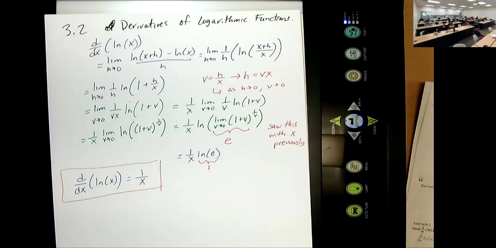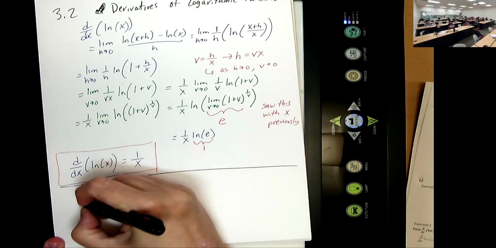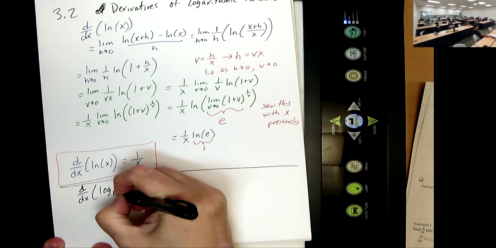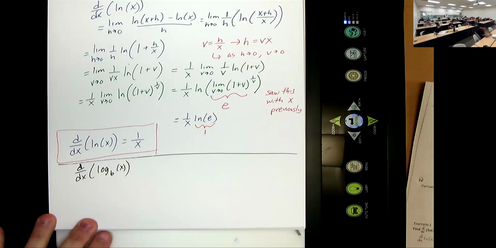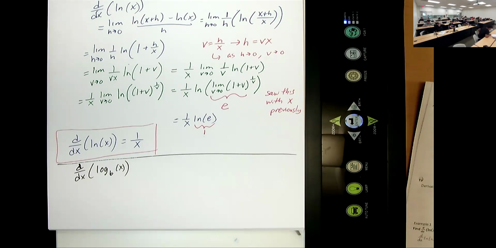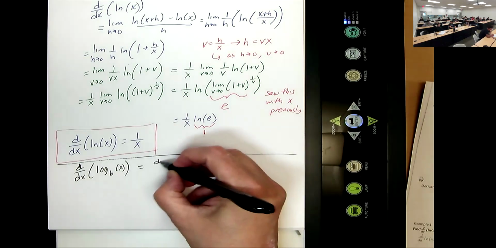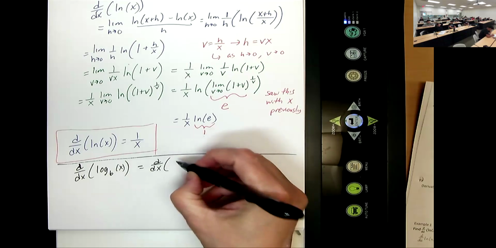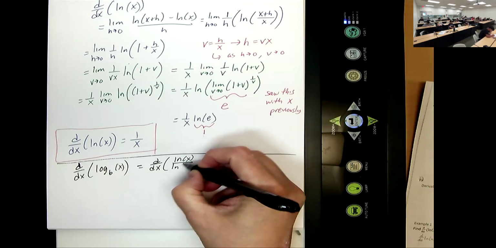How does this change if we're not using natural logs? Let's do log base b of x. Well, we can use the change of base formula to switch this where we do have natural log of x. There'll be natural log of x on top with natural log of b on bottom.